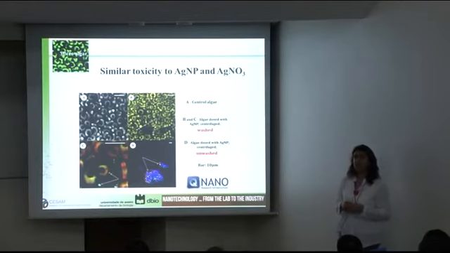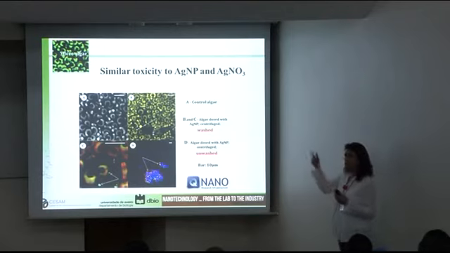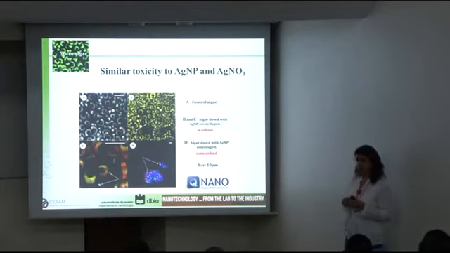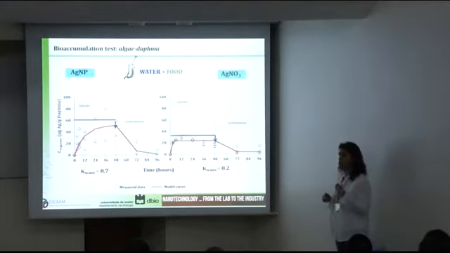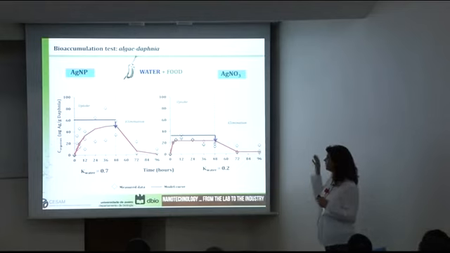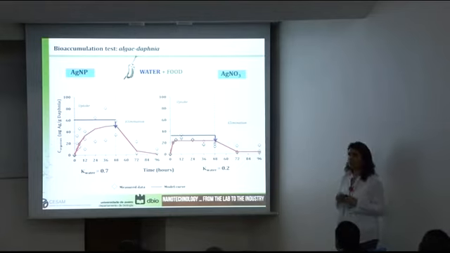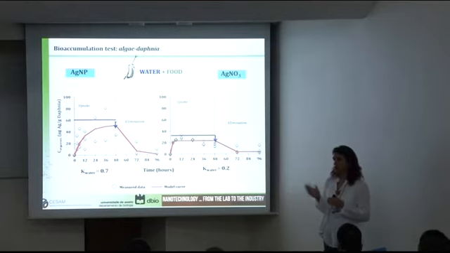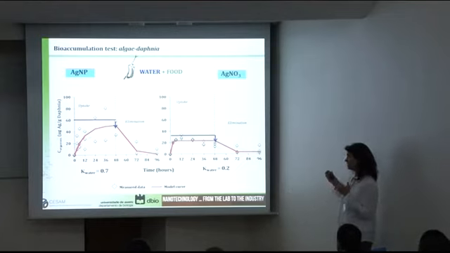So this was a problem when we thought that, going further into our trophic chain, we would provide algae that were previously contaminated with silver nanoparticles, but without any incorporation of nanoparticles. So when we were feeding our daphnids with contaminated algae, we were thinking we were feeding them with nanoparticles, but we were not.